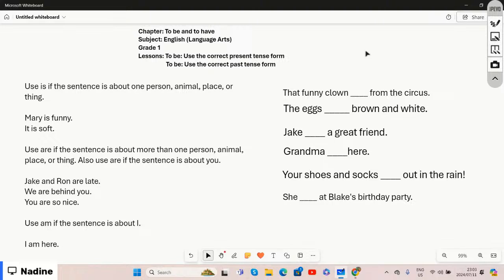And then our lessons that we're going to be focusing on under the chapter of to be and to have is to be, use the correct present tense form, and to be, also use the correct past tense form.